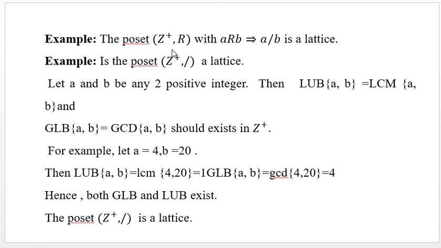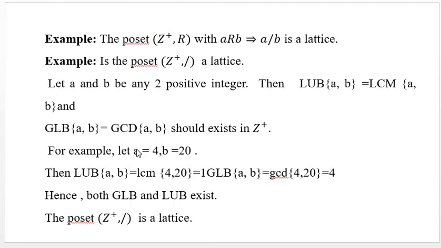To show that it is a lattice, consider any two arbitrary positive integers A and B. Here LUB(A, B) equals LCM(A, B), and GLB(A, B) equals GCD(A, B), which exist in Z plus.